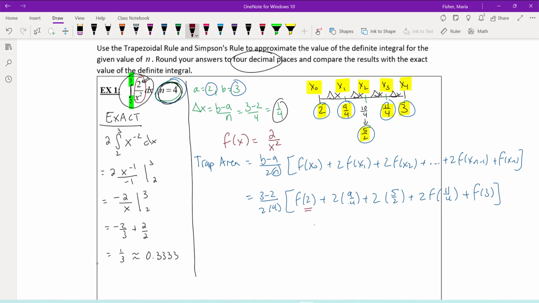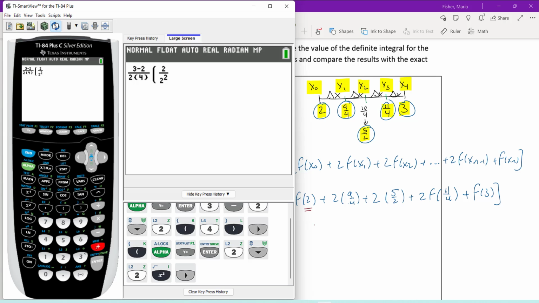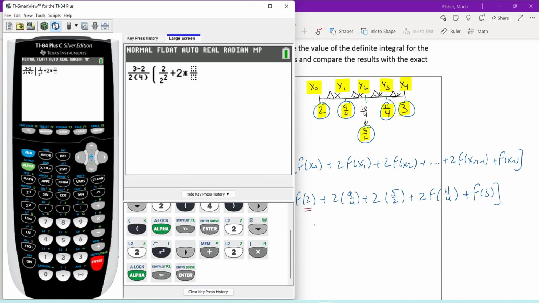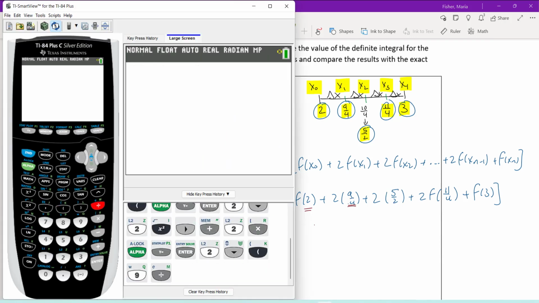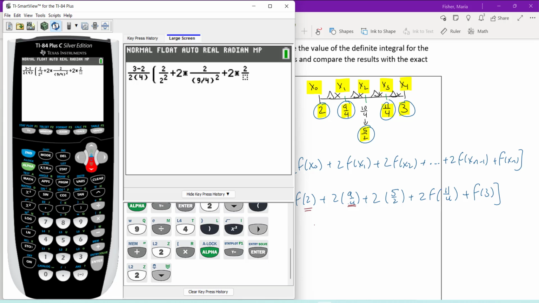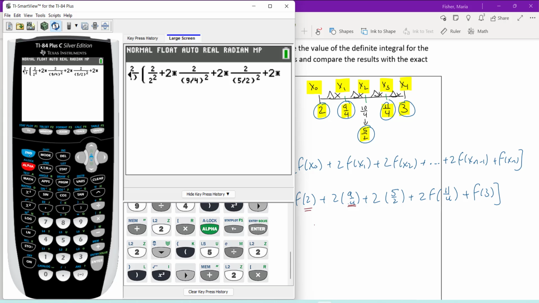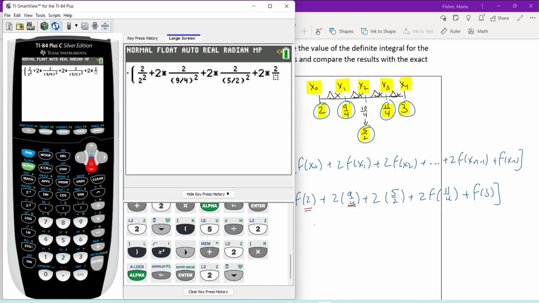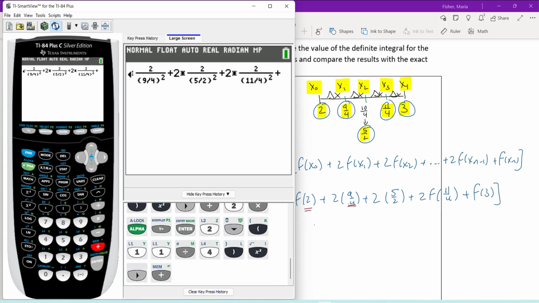The first time around I'm plugging in a 2, so that's going to be 2 over 2 squared, then plus 2 times 2 over (9/4) squared, plus 2 times 2 over (5/2) squared, plus 2 times 2 over (11/4) squared, and finally plus 2 over 3 squared.